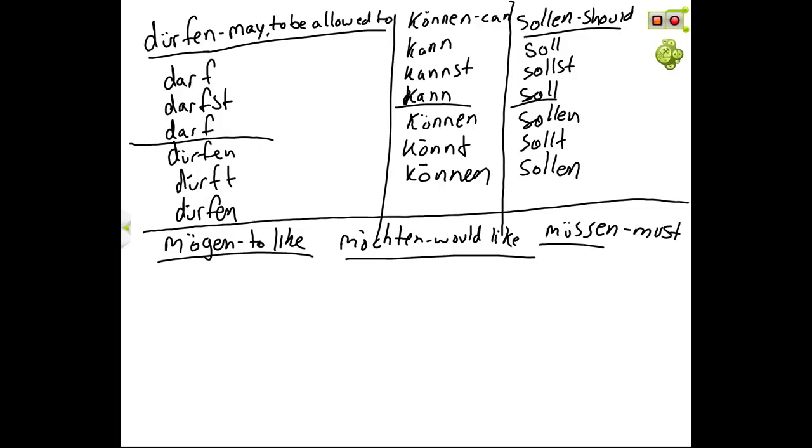If you're going to conjugate mögen, we have to go with ich mag, du magst, sie es mag, wir mögen, ihr mögt, sie mögen.